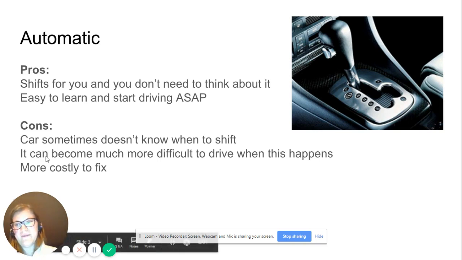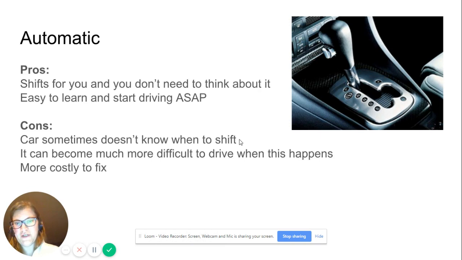Now, the issue is that when you do have an automatic transmission, the car sometimes doesn't know when to shift. If something is broken in the transmission, you would hear the car rev up a lot, and you're like, oh my God, I think my car is going to blow up. Then you either have to slow down or try to motivate the shift, which means perhaps going faster.